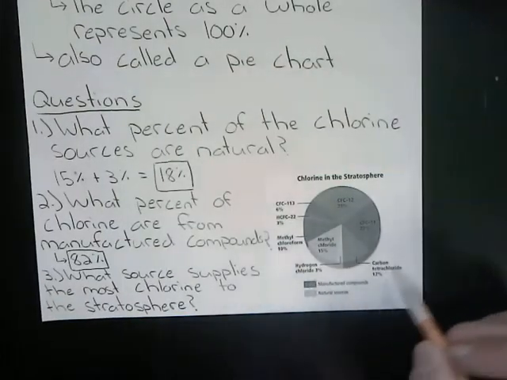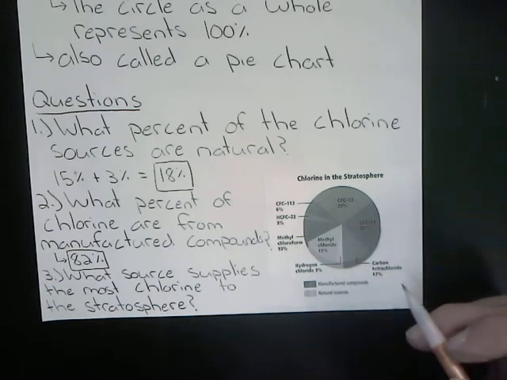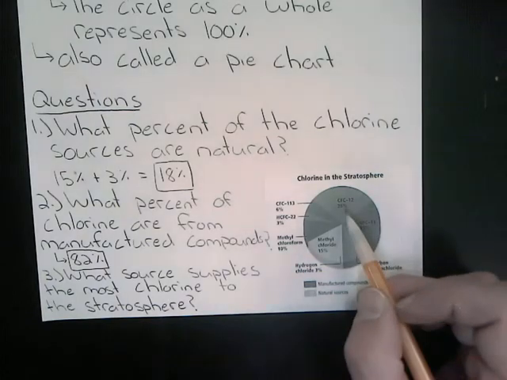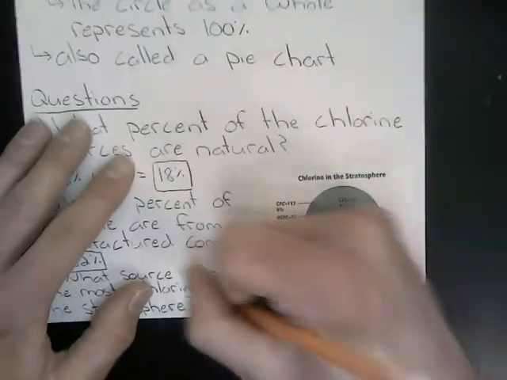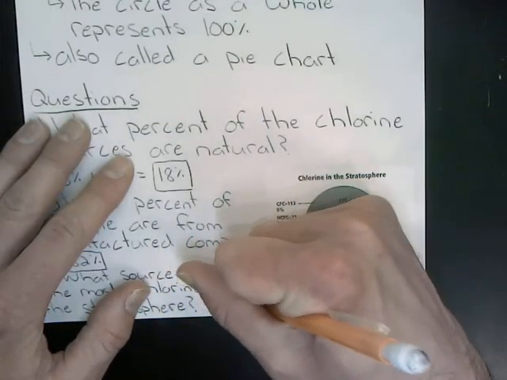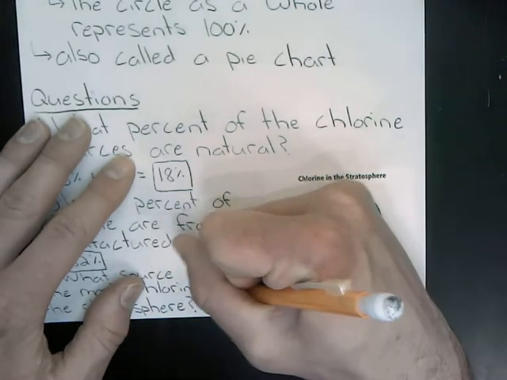So if we look really closely, we'll find that our CFCs, or our chlorofluorocarbons, produce 28% of this contribution of chlorine to the atmosphere. Now that's chlorofluorocarbon 12 that produces 28%. So the answer to this is CFC12 because it produces that largest percent.